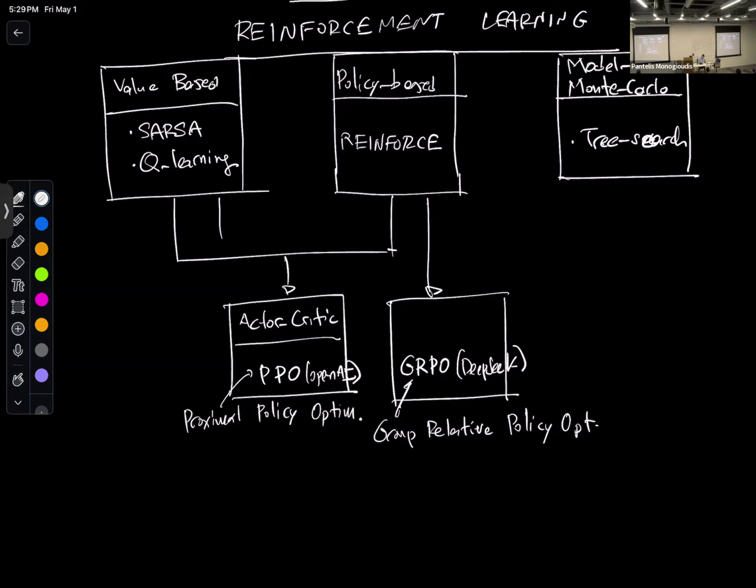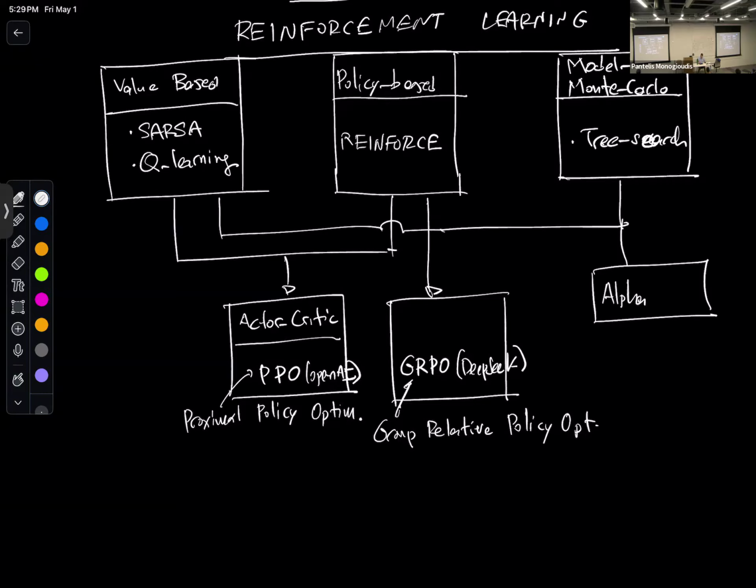Another scheme is AlphaZero, which is well known from the earlier attempt by the Google DeepMind team to solve the game of Go.